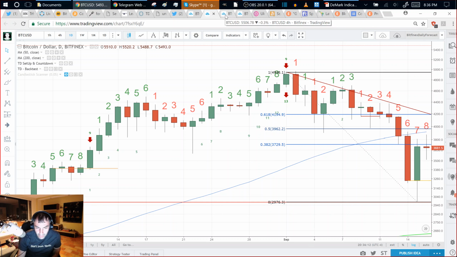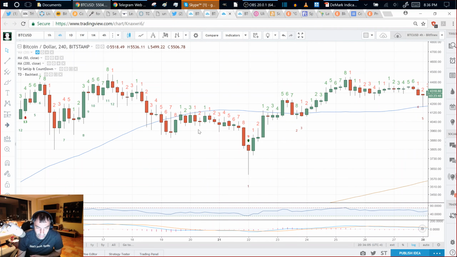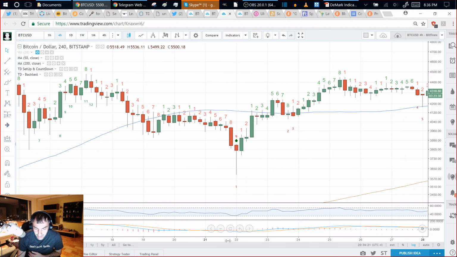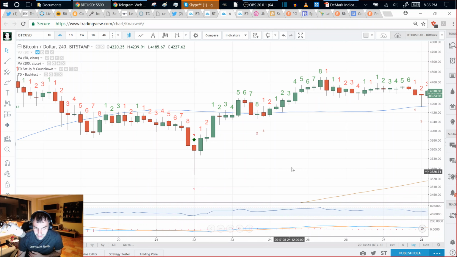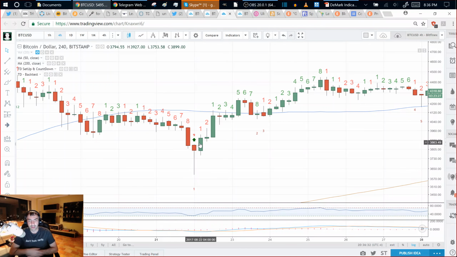But if you're curious what's going to happen, we go to a lower time frame, and there's a giant hammer on the 4-hour, and lucky or not, there's a 9. And boom, you start buying above the hammer if you really want to jump in early. And same thing here, you see it going up, up, up, up.